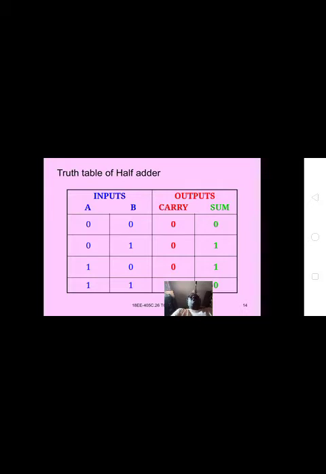We get the value 2. The other one is 1 1: we place 1 in the 2's place and 1 in the 1's place. So here we have taken 1 plus 1, and 1 plus 1 is 1 0. Here I have taken the carry and sum also: 0 plus 0 is 0 0, 0 plus 1 is 0 1, 1 plus 0 is 0 1, 1 plus 1 is 1 0.